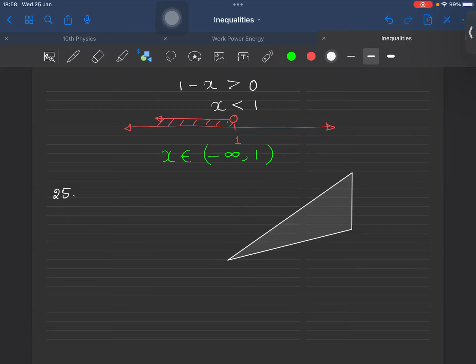Okay, so the triangle is like this. Let's say A, B, C. Let's say this is side 1, A1. This is side 2, A2, and side 3, A3. So these are the 3 sides of a triangle. Now the longest side of the triangle is 3 times the shortest side.